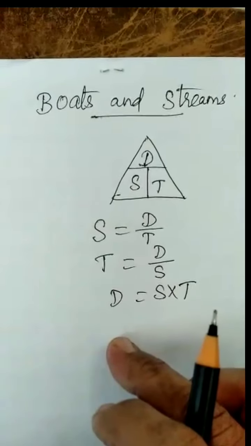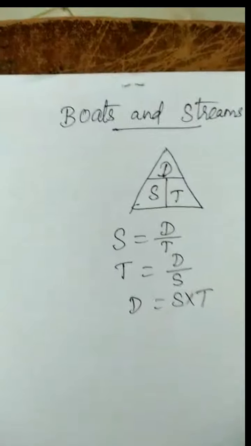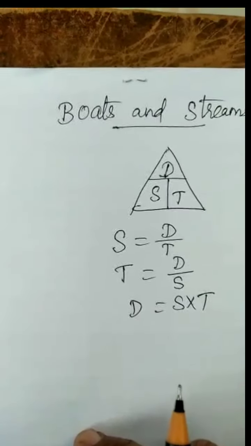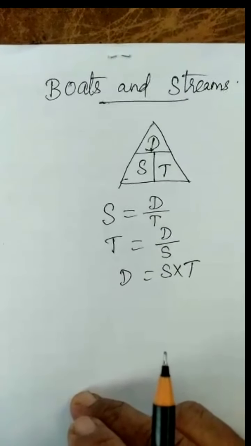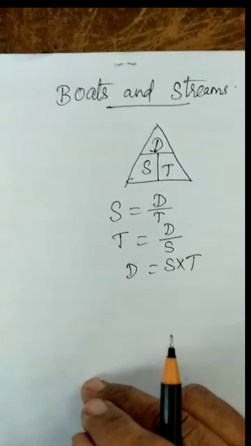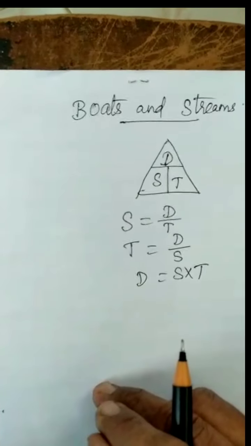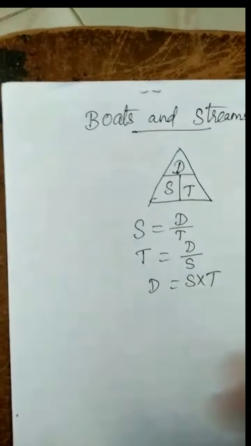Okay, coming to our boats and streams sums now. Before solving the sums, we want to identify the terms which we are going to use in this. As we know, when there is a boat, the boat will be going on a river or something.